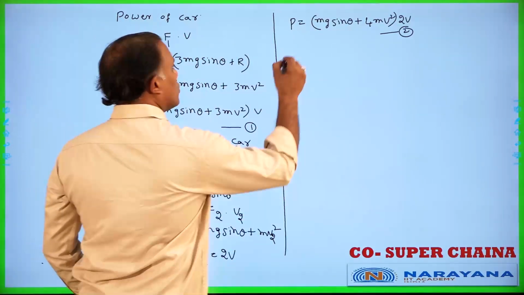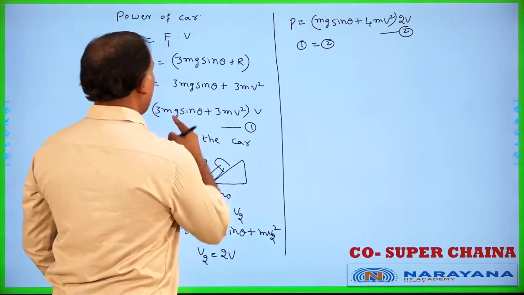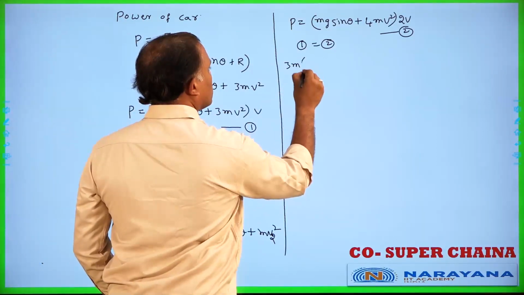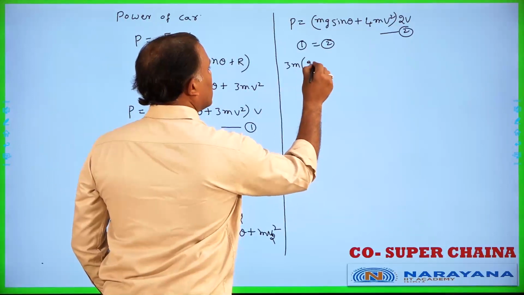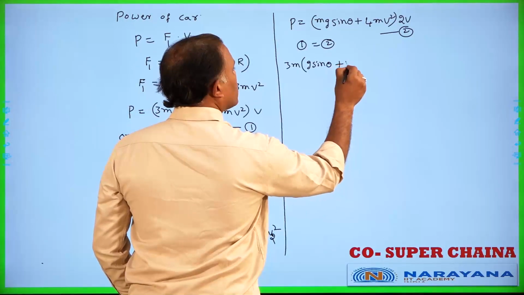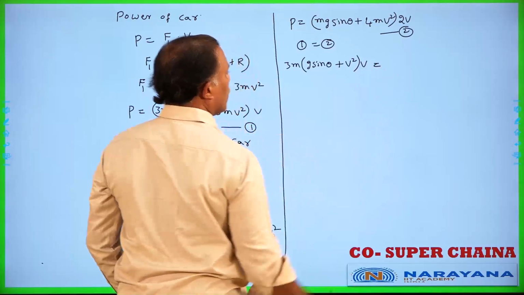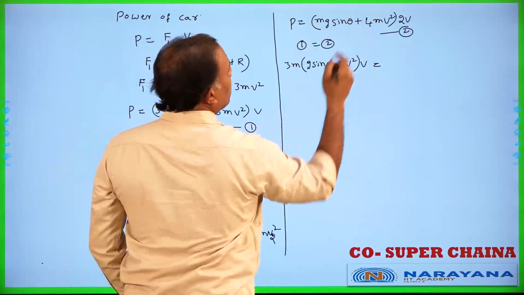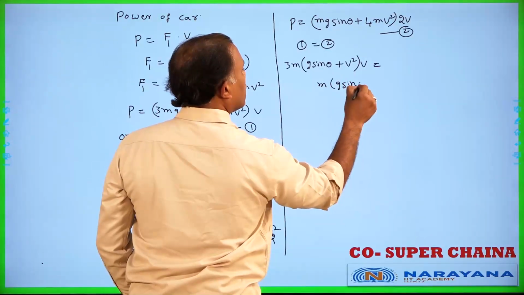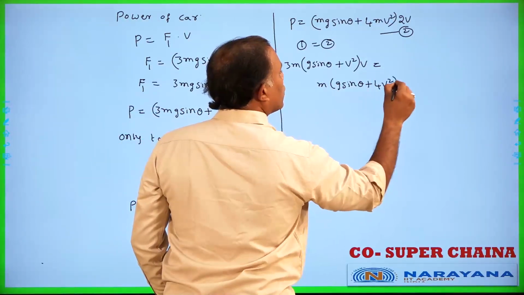I am equating those two, then 1 will be equal to 2. So how will that situation be? Taking 3m common: 3m, g sine theta plus v square into v will be equal to, now here taking m common, m into g sine theta plus 4v square into 2v.